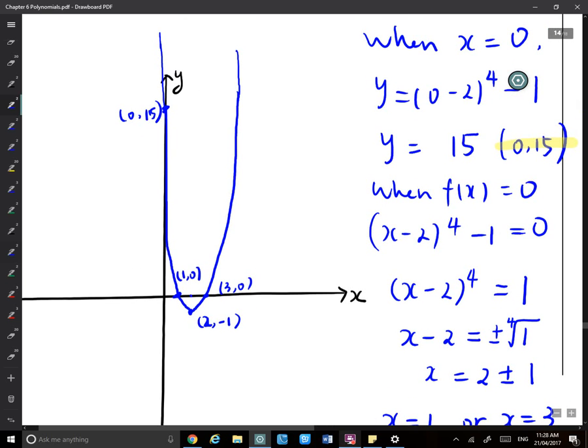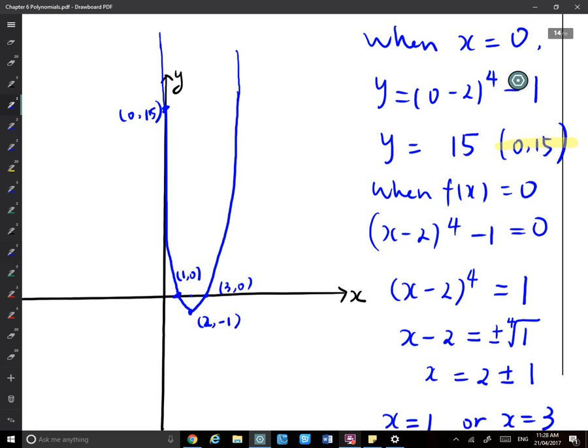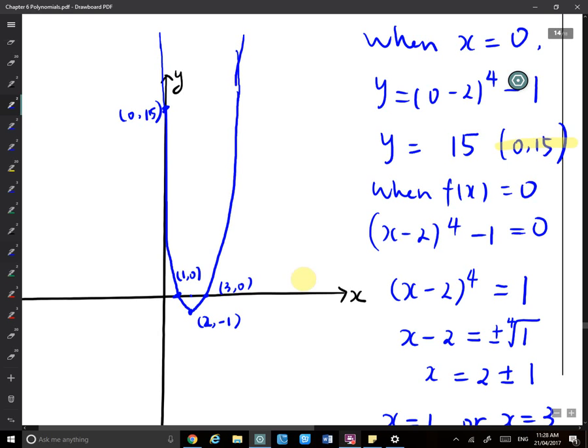So that's the shape of the graph. Because the (0, 15) makes the scale a little bit weird, the shape doesn't look very nice, but that's the actual graph.